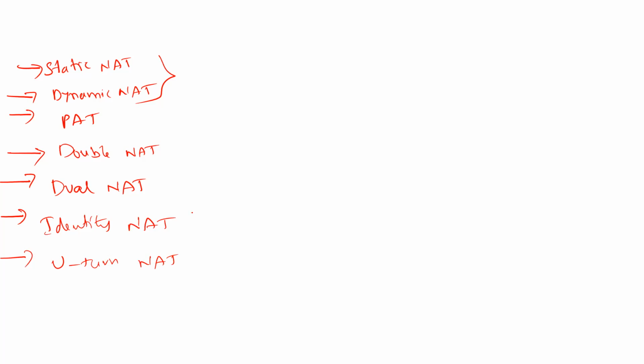Here we discussed that static means one-to-one, dynamic means many-to-many, and PAT means many-to-one translation. Double NAT is nothing but mapping two times.